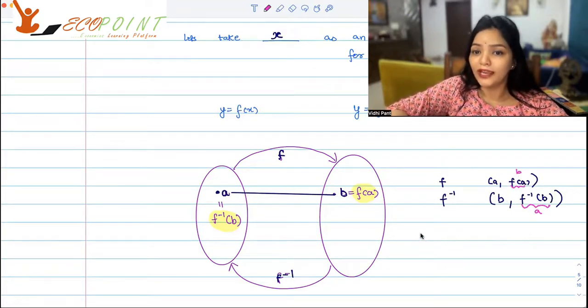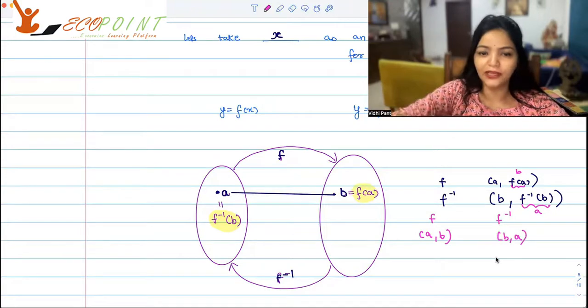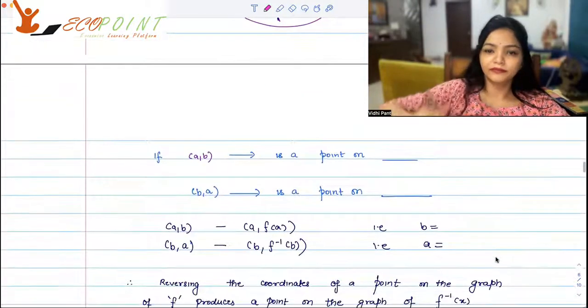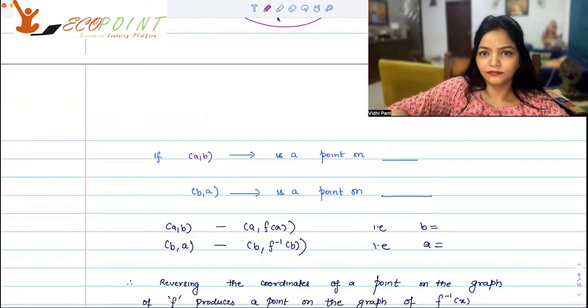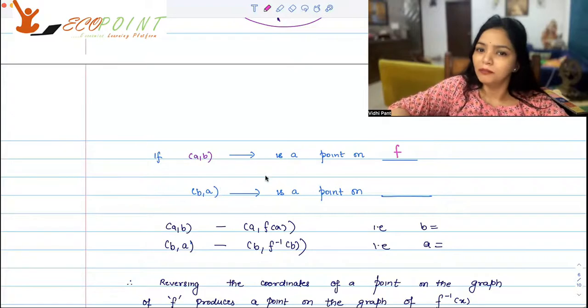So what are we looking at? On f, we are looking at the point (A, B), and on f inverse, we're looking at the point (B, A). The values of A and B are fixed, okay? So, let me just write it down once more formally. If (A, B) is a point on f, then (B, A) will be a point on f inverse.